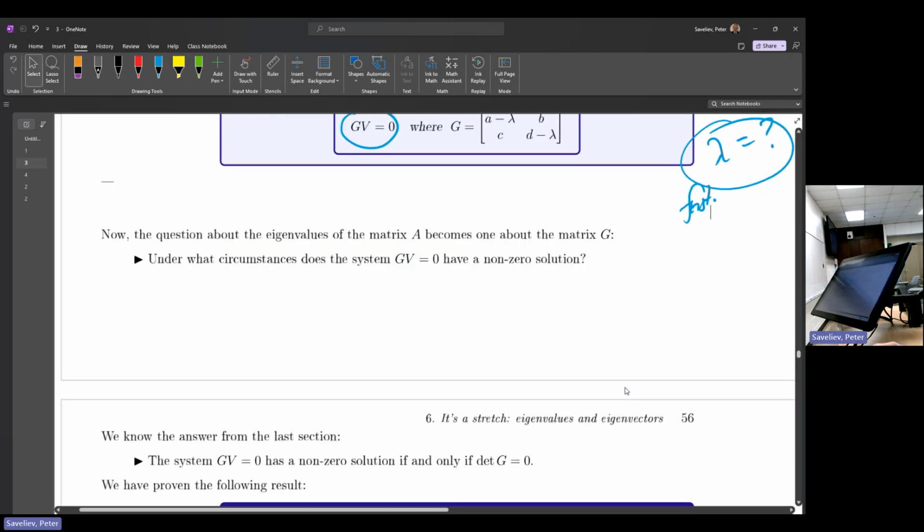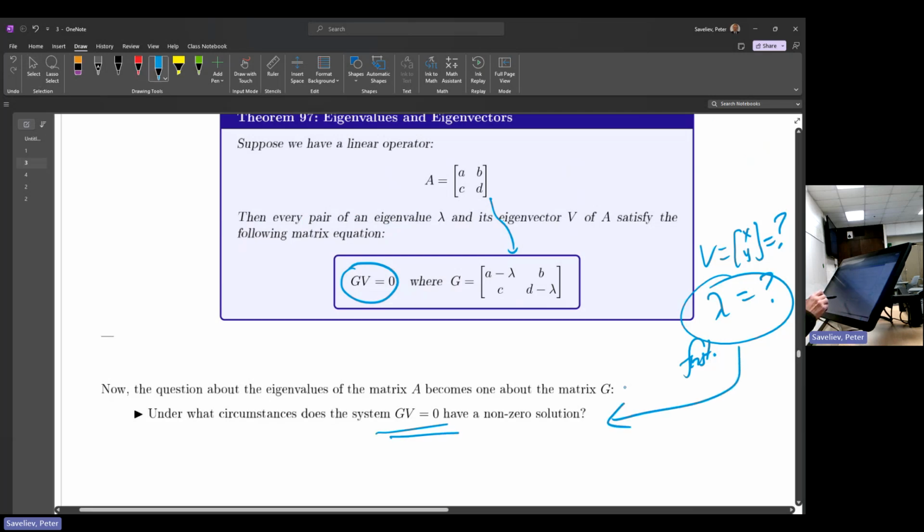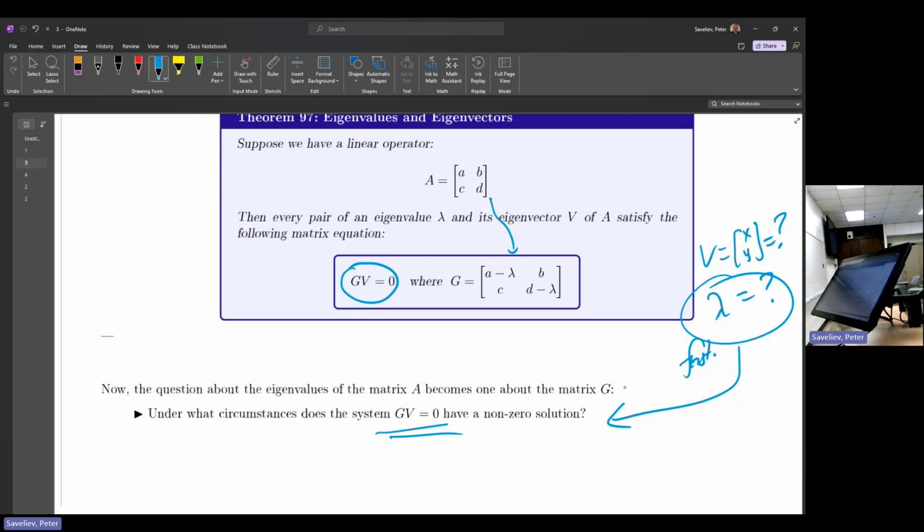So the question then is: G depends on lambda, and every lambda is in play, and we need to find which one will make G a projection.